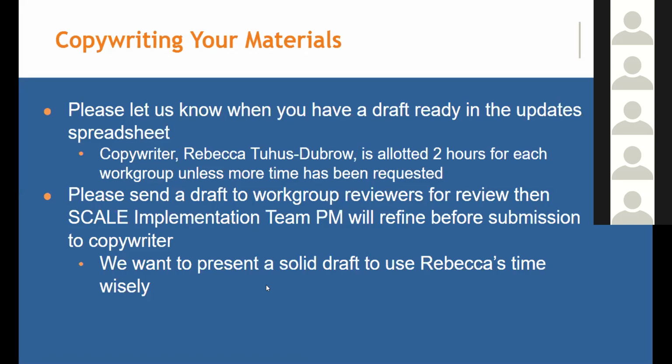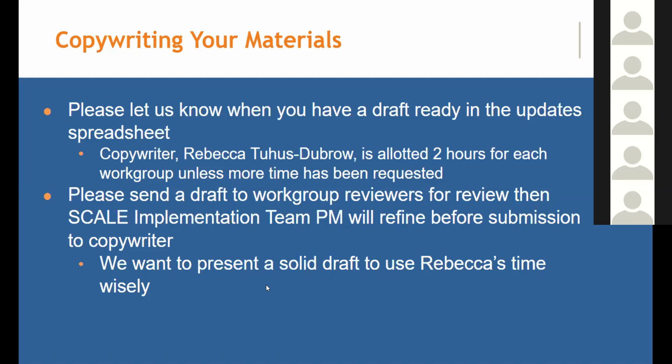As I think folks know, we've got 2 hours allotted for each of the work groups, minus the journal articles that the evaluation team is working on, and that our copywriter, Rebecca, worked for us for Scale 1.0 and has worked for us a lot for 100 Million. So she's pretty familiar with a lot of the concepts that you all will be writing about. We're trying to get an idea of when to allot her time.